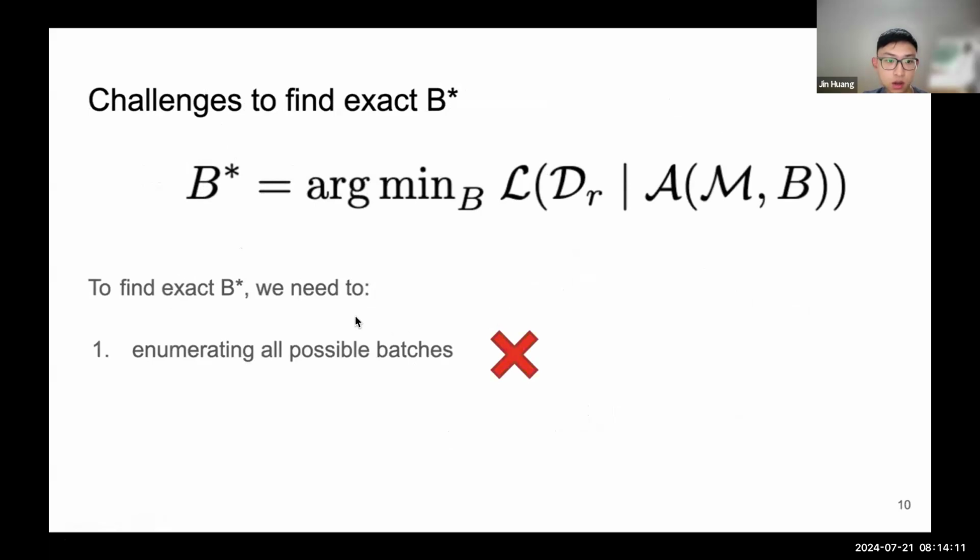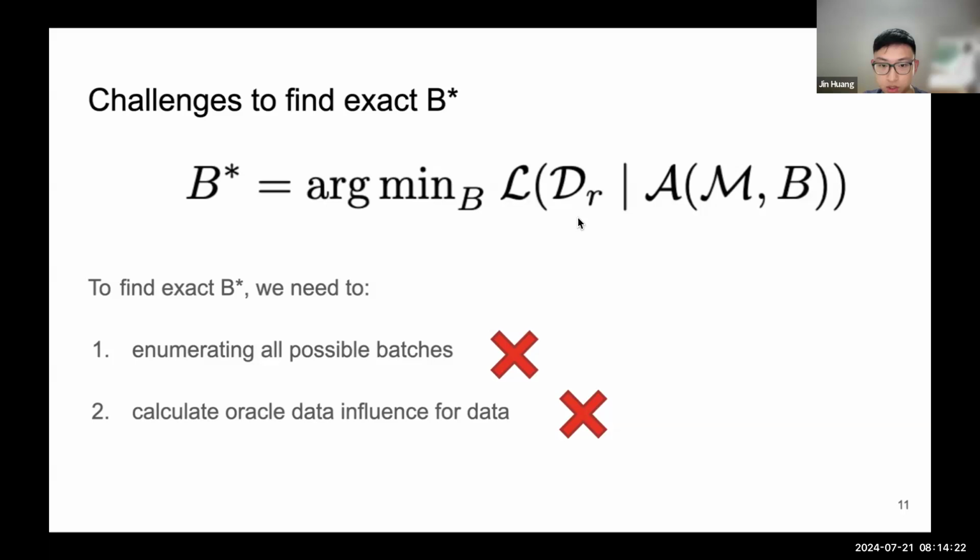The second challenge is that we may need to calculate Oracle data influence for this reference data, which is also not practical at the scale of pretraining a language model.